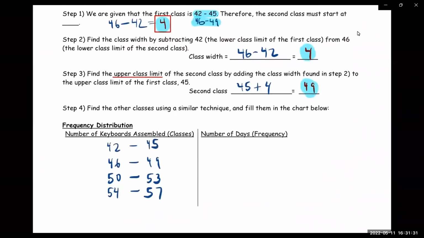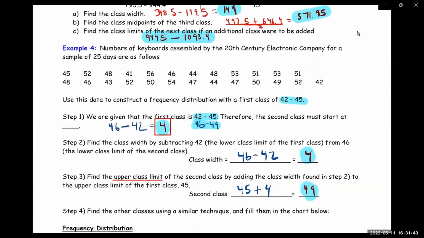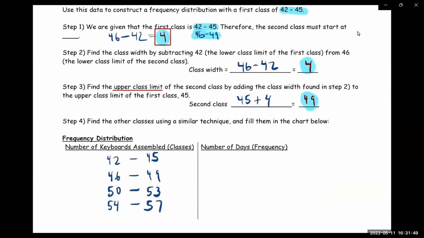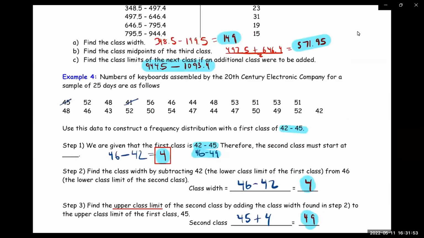So now we have to figure out the frequency for each class. Let's go through the list and see how many of the numbers fall between 42 and 45. So 1, 2, wait, that's weird. I don't know why they did that. Usually the smallest number is where you start.